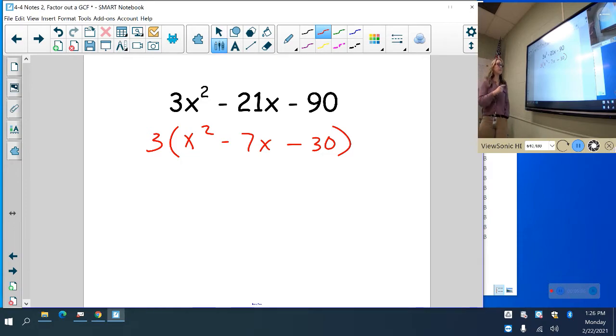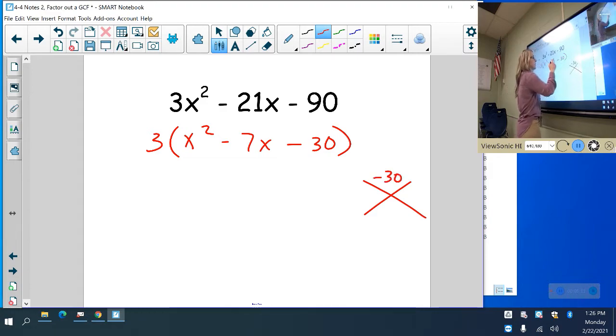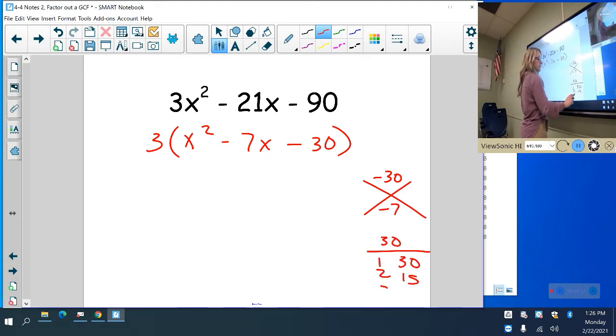Now I'm going to try to factor inside of the parentheses if possible. 1 times negative 30 is negative 30. That adds up to negative 7, so factors of 30, we have 1 and 30, 2 and 15, 3 and 10, 5 and 6. Do any of those multiply to negative 30 and add to negative 7? Yes. 3 and 10.